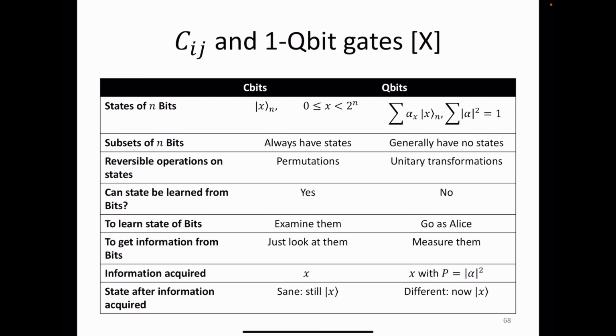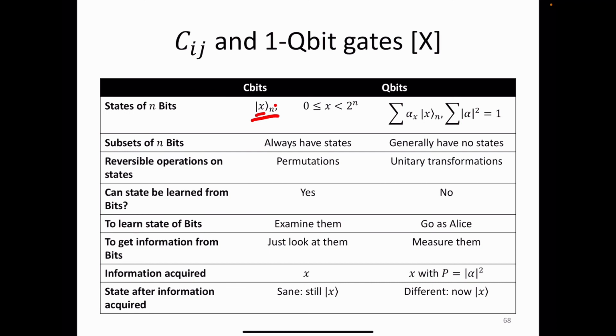Just to summarize a couple of things. For classical bits and quantum bits, we have some differences here. So the states of n classical bits, not qubits, sorry. We have a number n of bits, and we have a definite state.